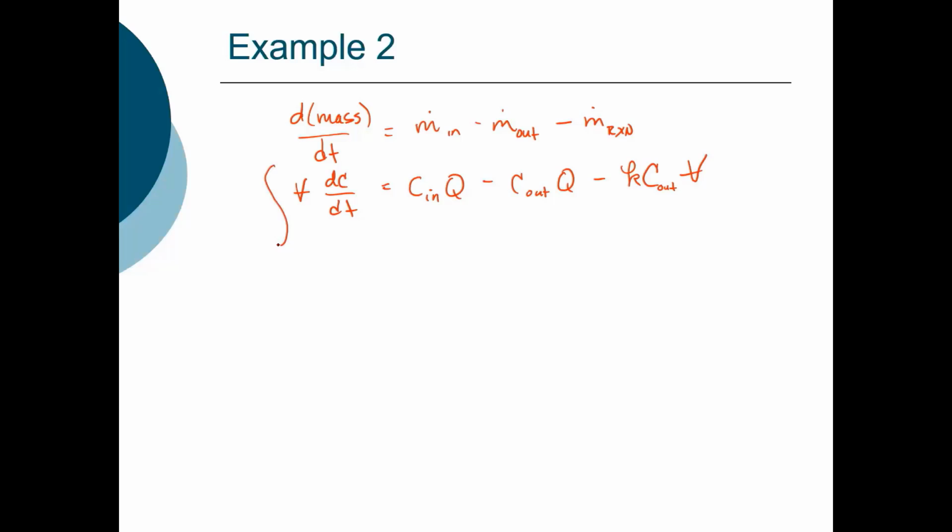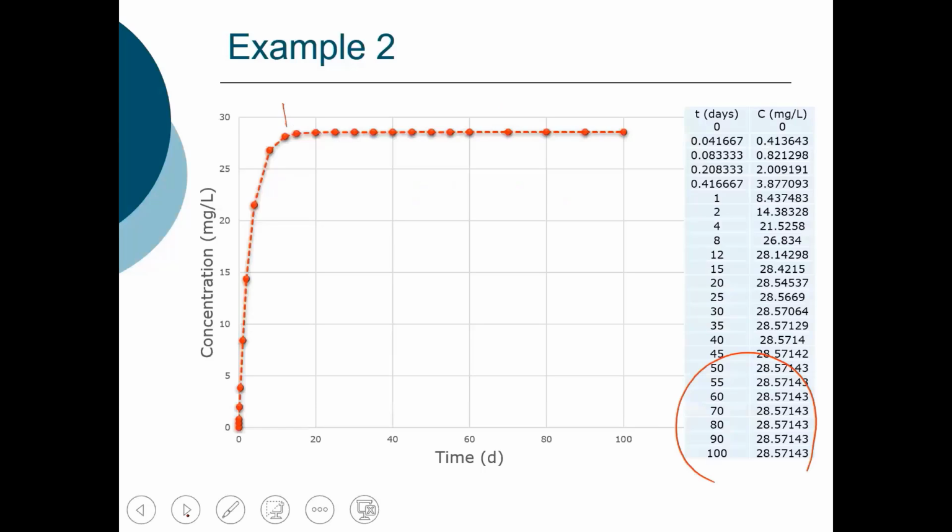And then when we integrate this from C0 to C sub t, and from time 0 to time t, we have the equation. I'm not going to write it out, the equation that I had before. And then I just did it in an Excel spreadsheet. I can then determine the concentration at any time. So this is C at any time t.